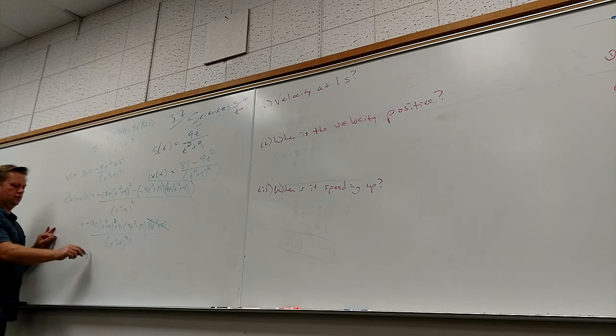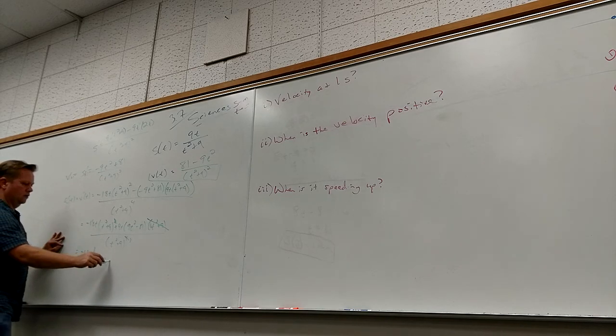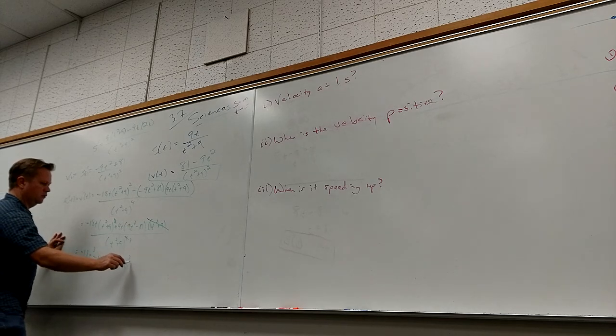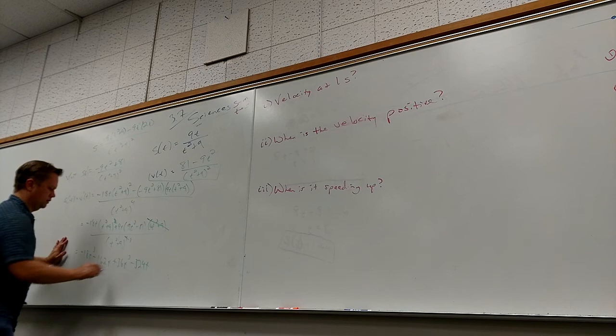Negative 18t cubed minus, what is that? 162t plus 36t cubed minus 324t.